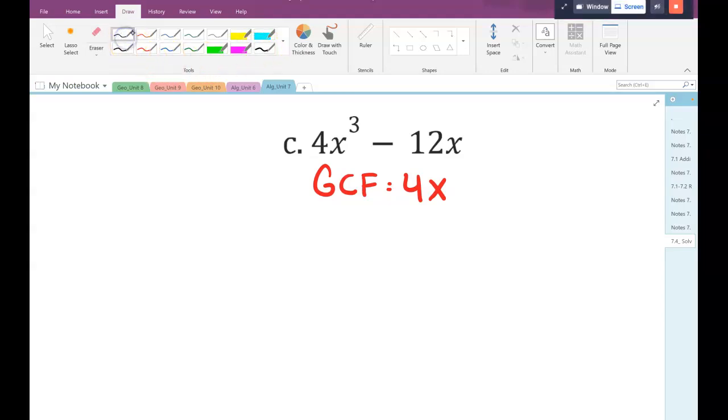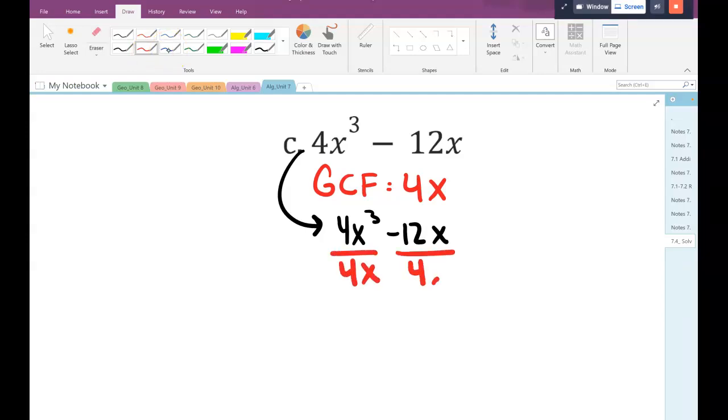So putting this, 4x cubed minus 12x. You may not have to write out your GCF each time. That's fine. I like doing it because I'm less prone to missing something.